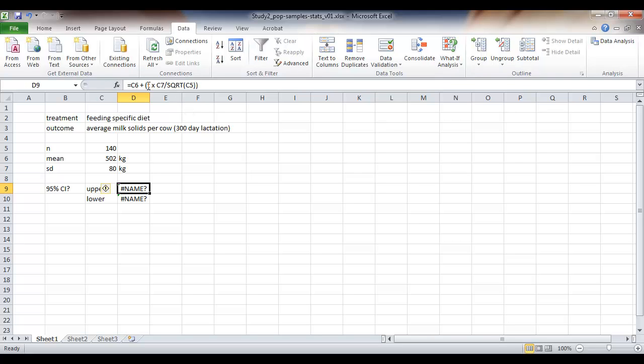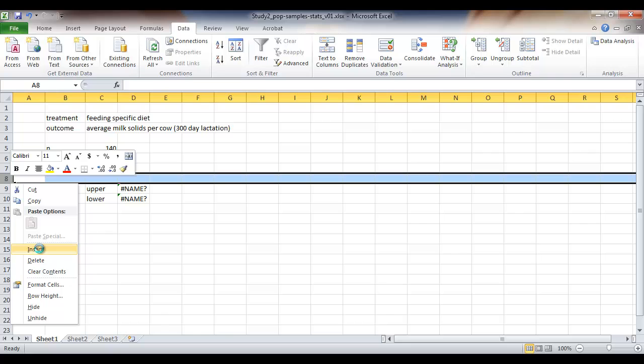So it's getting happier, but we've still got this thing called t that we haven't put in a value for. T, of course, does have a value, and t is dependent on what confidence interval you want. And because we want the 95% confidence interval, we want to find the critical value from the distribution. Now, because we've got more than 30 cows in our sample, instead of using the t value, we can actually use the z value, which is a little bit easier.